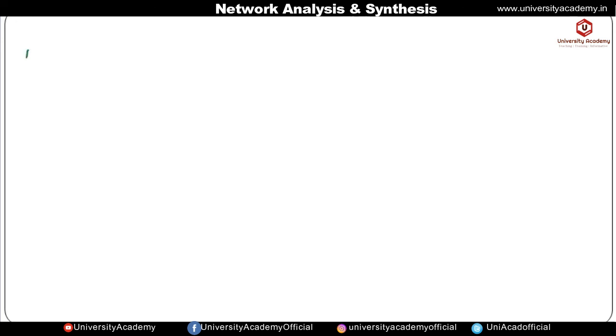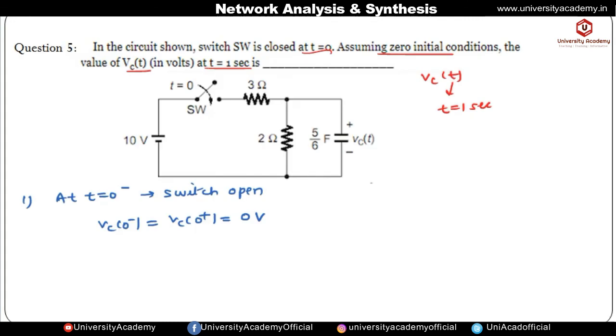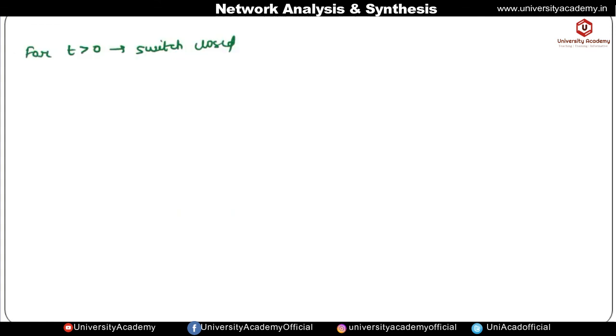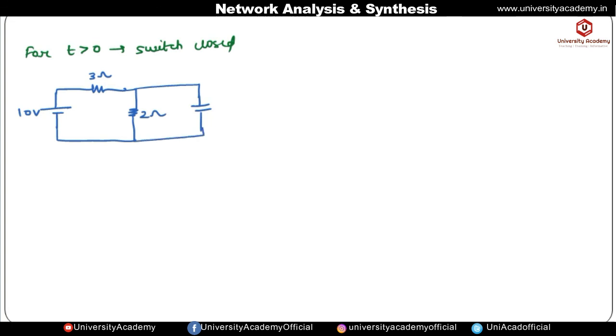So the circuit will become: here we have a 10 volt battery, then a 3 ohm resistance, a 2 ohm resistance, and a capacitance of 5 by 6 farad.